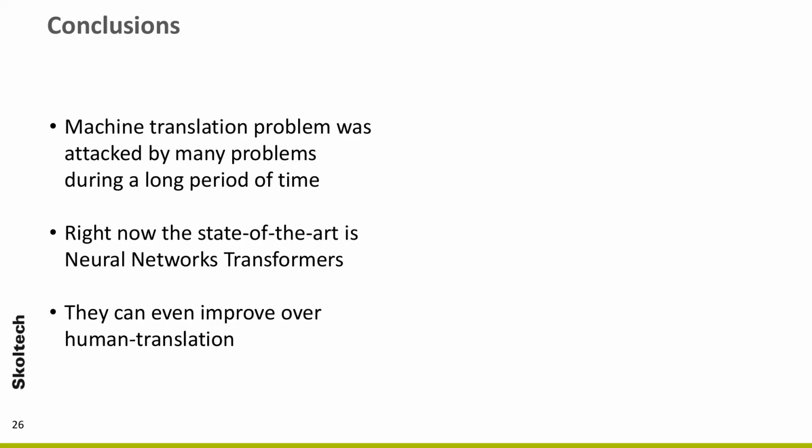In this case, you will need a human translator, because a human is the one who takes all the responsibility and can provide accurate results. When we're talking about specific models, the best ones right now are transformers, and we consider them later in the course. And we can say that sometimes they're even better than humans.